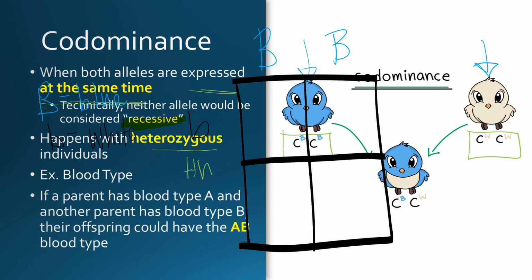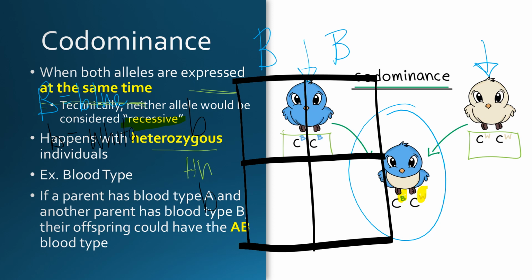According to codominance, we are going to have an offspring that has both the blue and white trait in its genotype, which is why we get a blue and a white bird. We don't have just a blend of the two. It's not like we have a lighter blue bird. We can see both white and blue in this bird's phenotype.